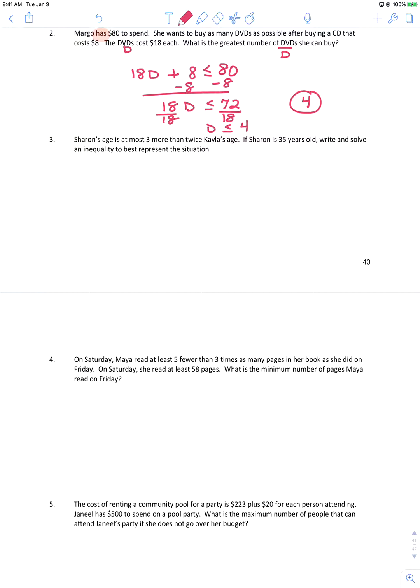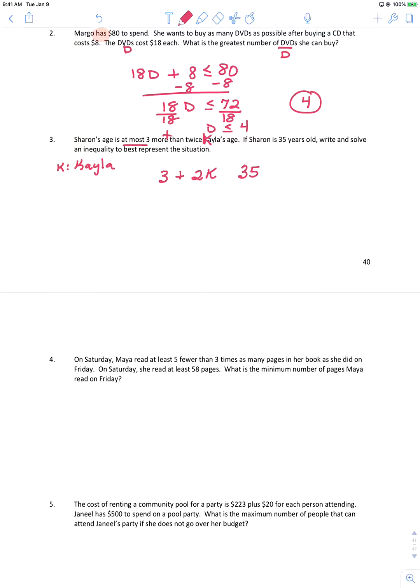Number 3, Sharon's age is at most 3 more than twice Kayla's age. She is 35. Write an inequality. So I know Sharon, I need to find Kayla. So K is going to represent Kayla, and there she is. So 3 more than is a plus. Twice is 2 times Kayla's age, 35.